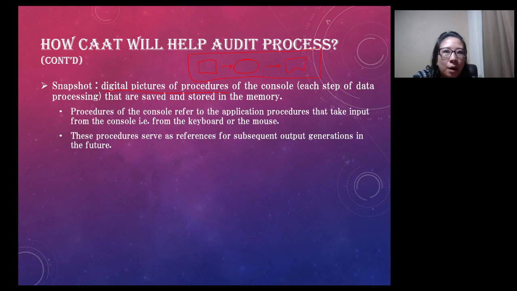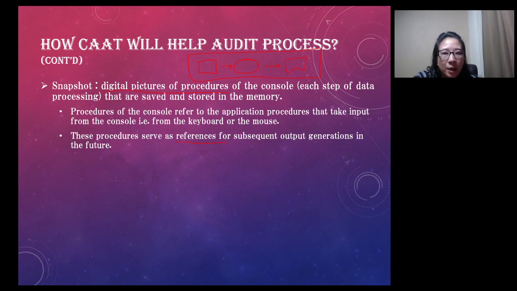Okay, so for each data processing we will have a picture of this status, and this will help us as a reference for subsequent output.